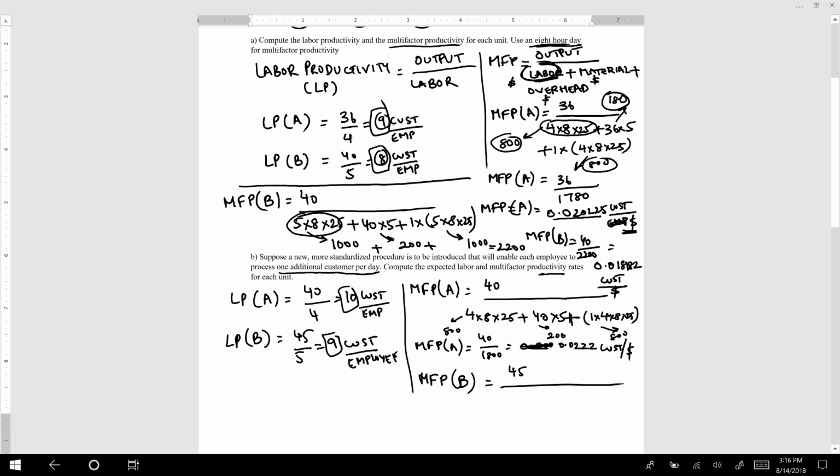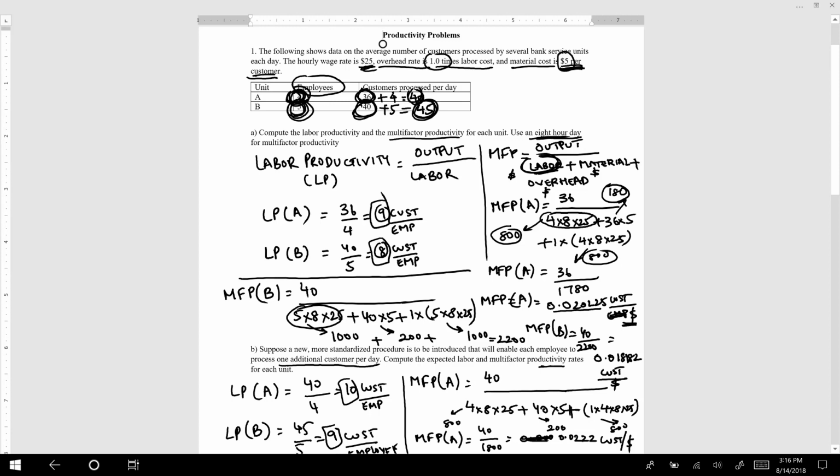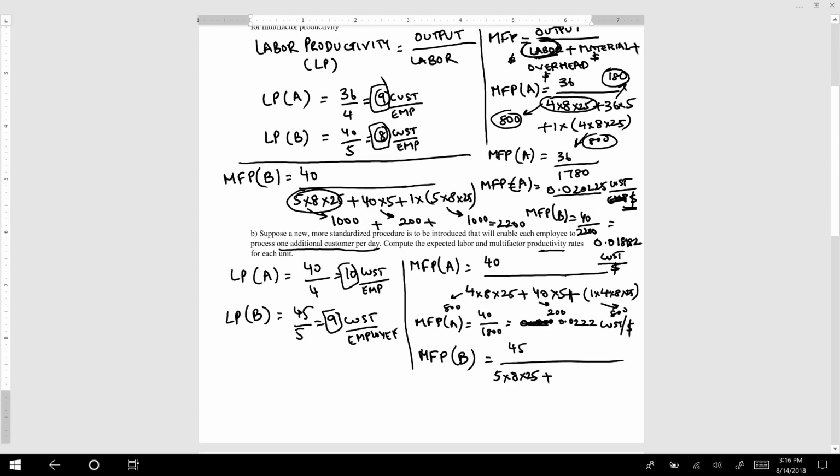Again we have 5 employees working 8 hours at a rate of $25, and our new material cost would be 45 multiplied by 5, plus again our overhead cost would be 1 multiplied by the labor cost, which is 5 times 8 times 25.